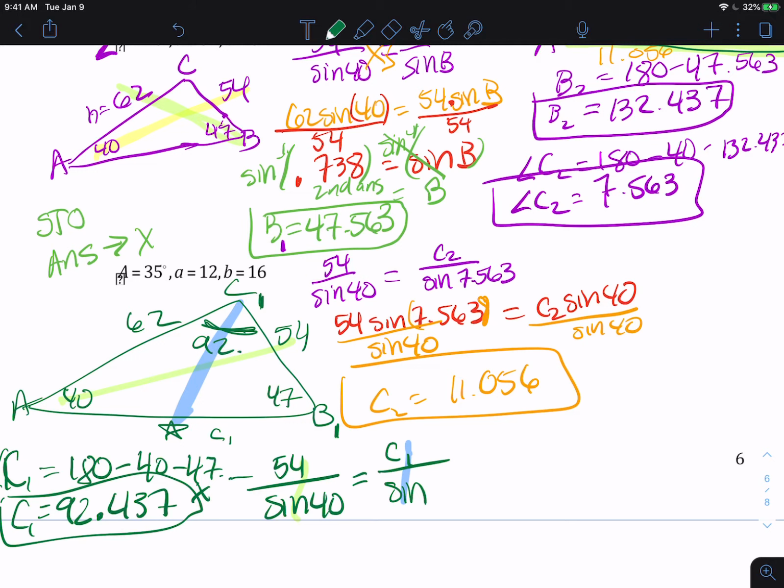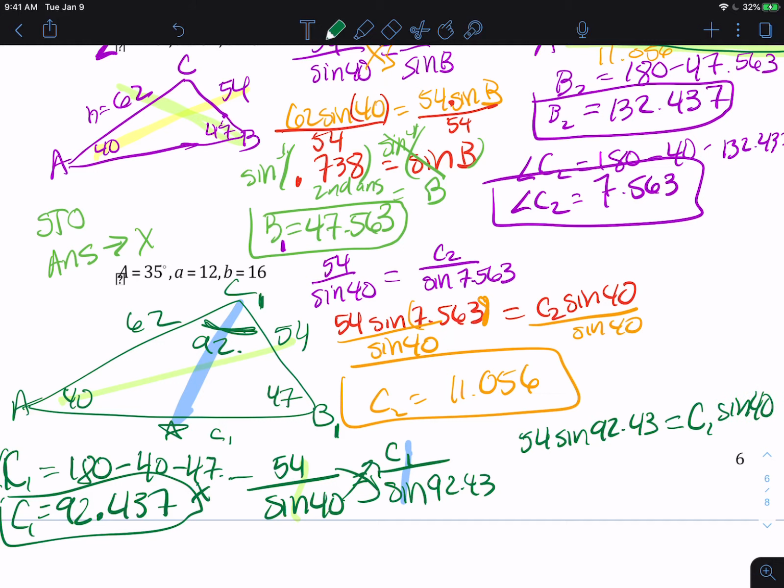So this is 92. Okay. So then sine 92.437. So yet again, we're going to cross multiply another time. So when I cross multiply here, we're going to get 54 sine 92.43 equals C1 sine 40.